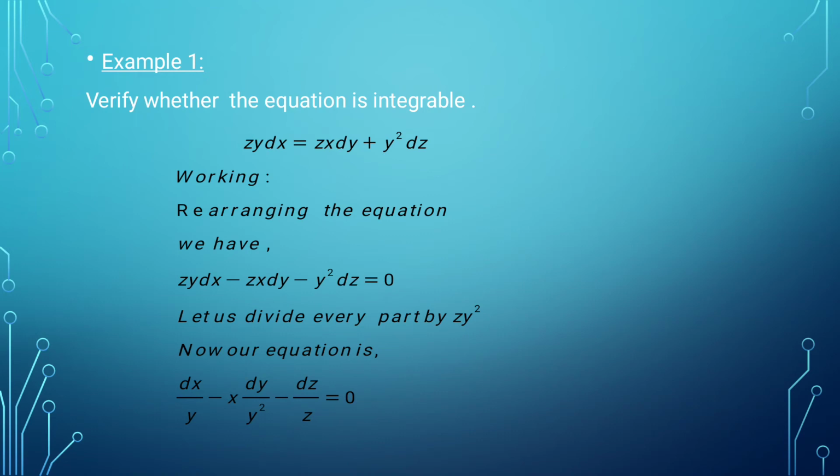We first rearrange this equation so that it takes the general format of a general ODE, with P dx plus Q dy plus R dz. So rearranging this equation, we get this.